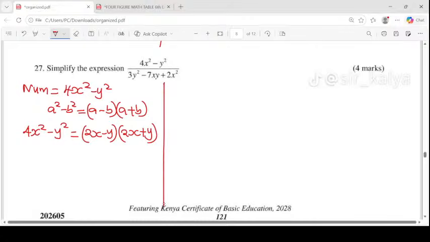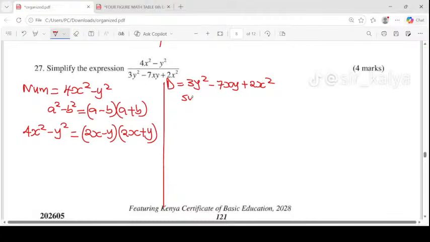Allow me now to shift focus to the denominator side. My denominator is 3y squared minus 7xy plus 2x squared.